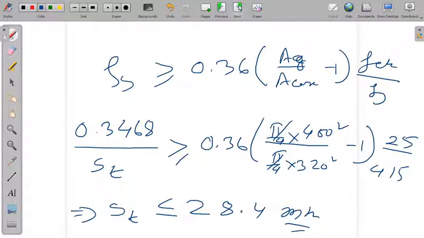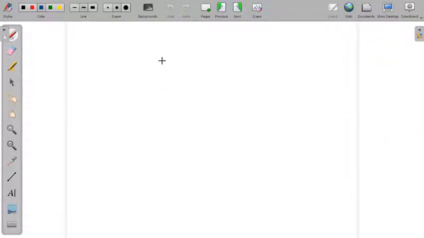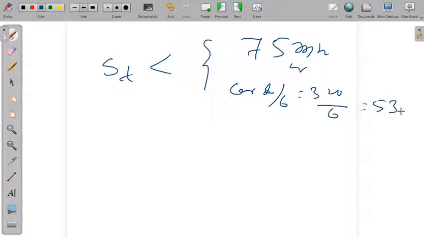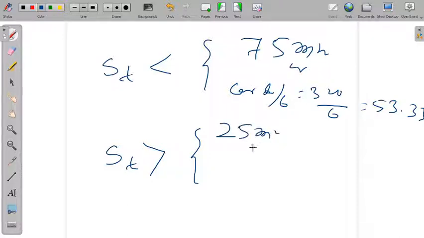Okay, but as per the code provision, what was the condition of ST? It was saying that ST must be less than 75 mm or core dia by 6. Our core dia is how much? 320 by 6 is how much? 53.33. So the spacing must be less than 53.33, and also the spacing must be greater than 25 mm or 3 times the bar diameter.